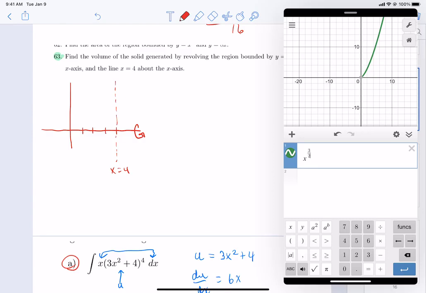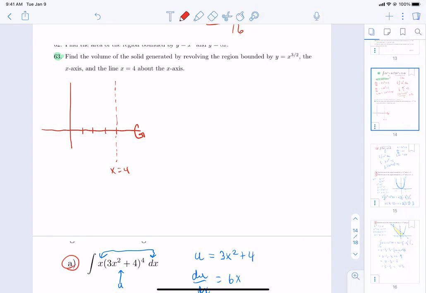You know, it's not quite as steep as an x squared. If we think about plugging in 4, 4 to the 3 halves is 2 cubed, or 8. So we're all the way up at 8. Okay, so this region here is going to get revolved around the x-axis.